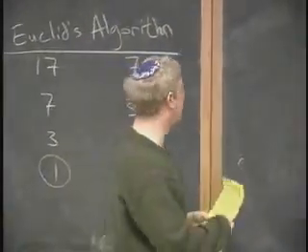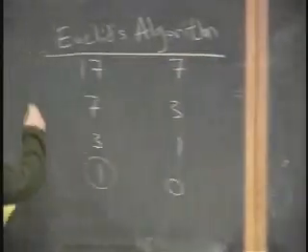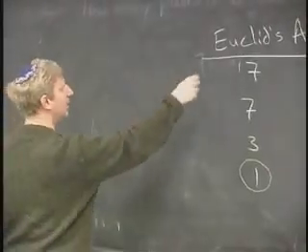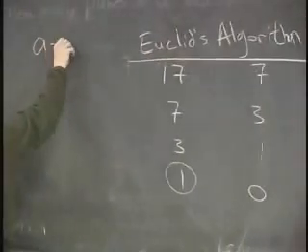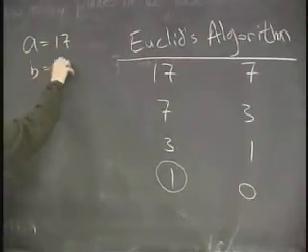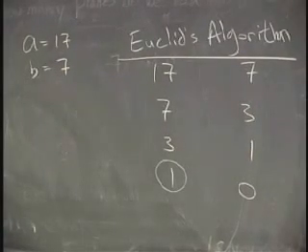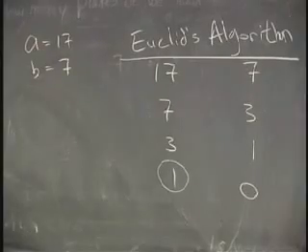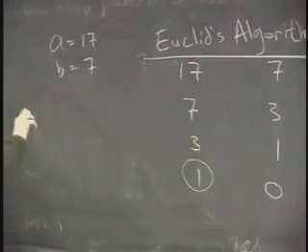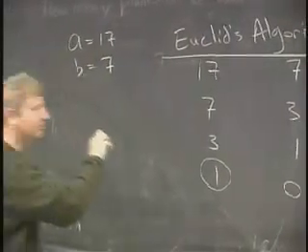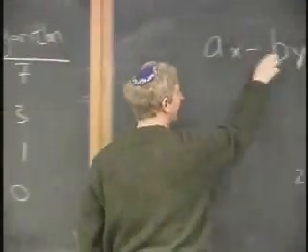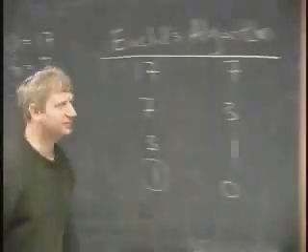Okay, so just to make sure that nobody's lost, let's make sure that everybody knows that in this case, if, say, A was 17 and B was 7, then what are the X and the Y? 2 and 5. -2. All right, the -2. X and Y are supposed to be positive numbers.